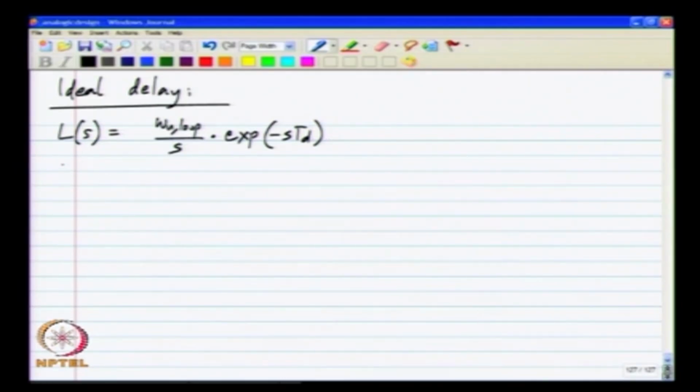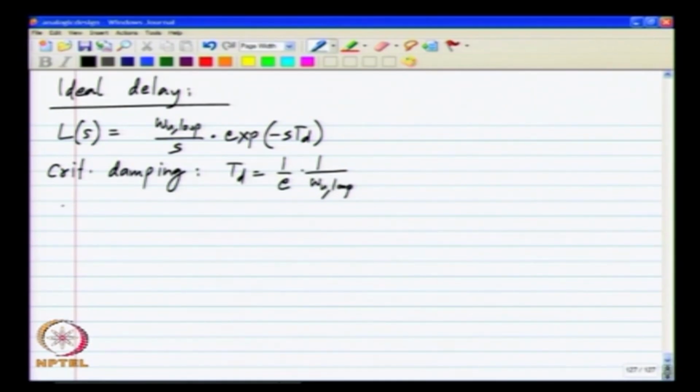And we know that the critical damping occurs for T d being 1 by e times 1 by omega u loop.